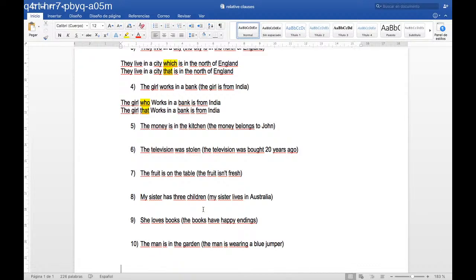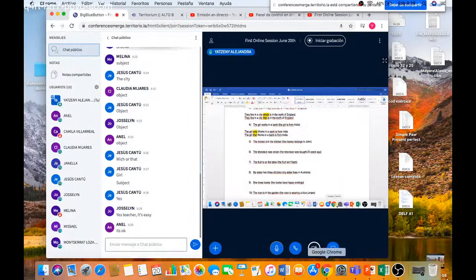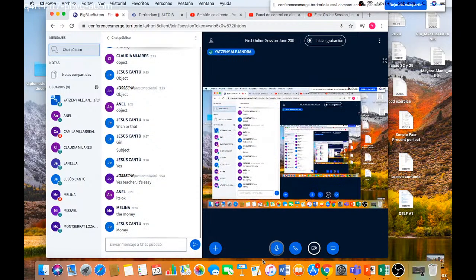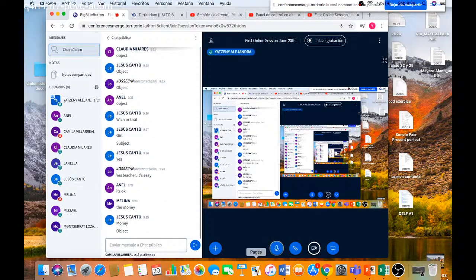It says, the money is in the kitchen and the money belongs to John. So the element that I am trying to avoid repeating is what? The money. So is the money a subject or object? Object. Perfect.